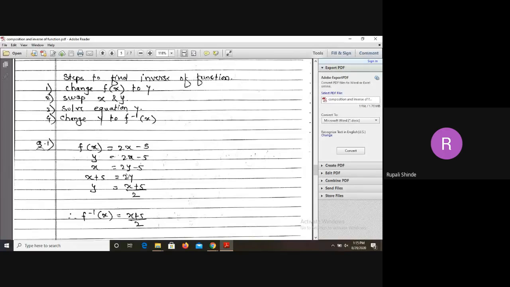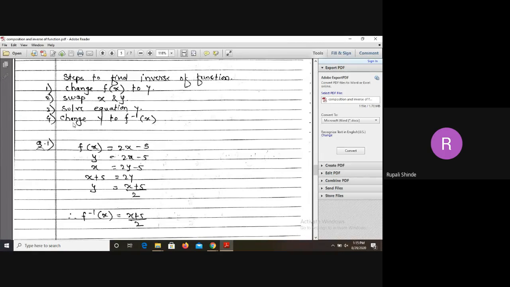That's why we can keep this y at this side as, now here it is multiplying. After transferring this 2 to LHS, it will be dividing x plus 5. That's why y is equals to x plus 5 divided by 2. Now we have obtained an equation that is in only form of y.